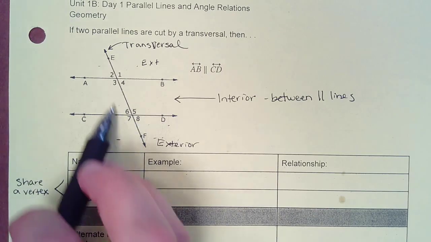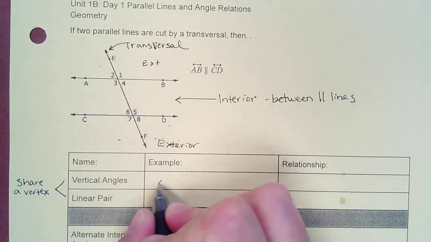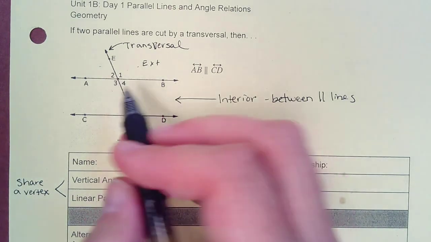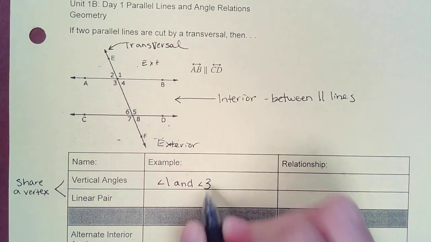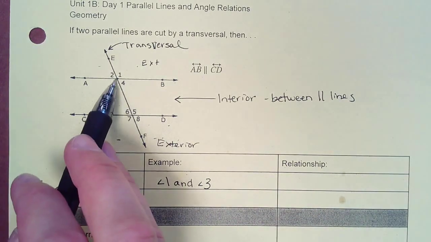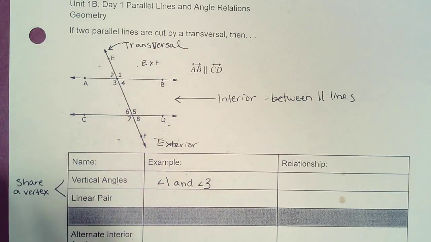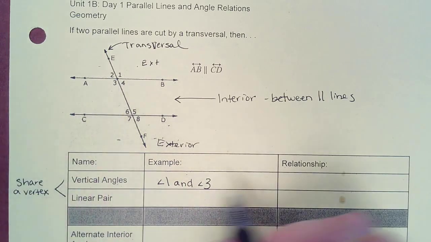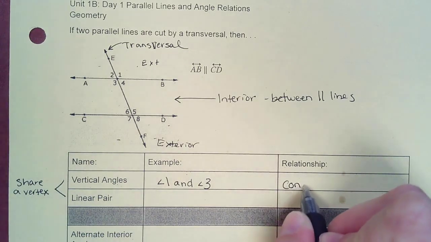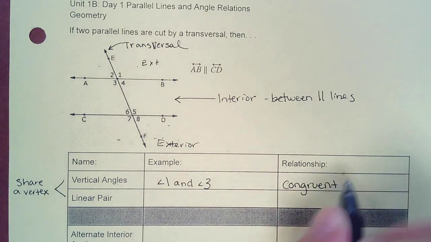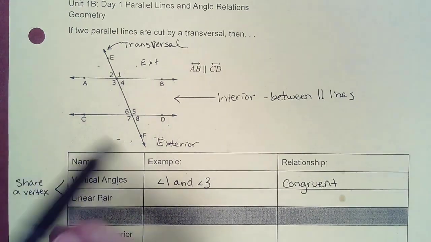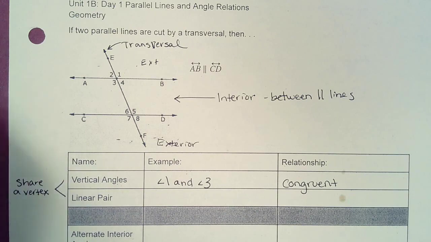So first, if I'm saying angle 1, angle 1 is opposite of angle 3 here. Angle 1 and angle 3 are considered vertical pairs, or vertical angles, and they have a shared vertex there. Their relationship is they are congruent. Congruent angles. So if I said angle 1 is 100 degrees, then angle 3 would be 100 degrees.